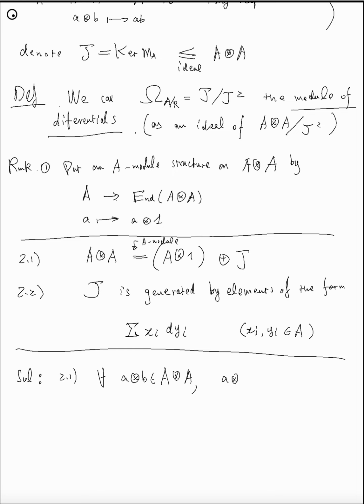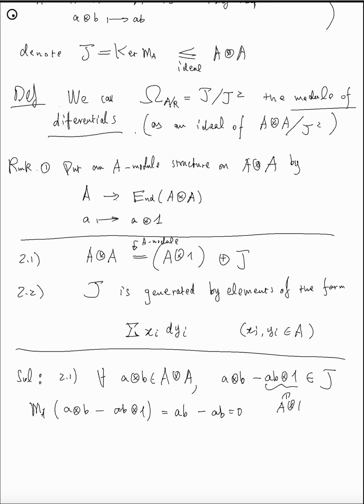Notice it is also a b tensor 1 plus some element of J. And let me just say I claim this is in J because by definition J is the kernel of multiplication M_A, this is a ring map. So let's just check what it is. This is ring homomorphism. It's M_A of the first term, which gives you ab, minus M_A of the second term, which gives you ab. So this is 0. Okay.